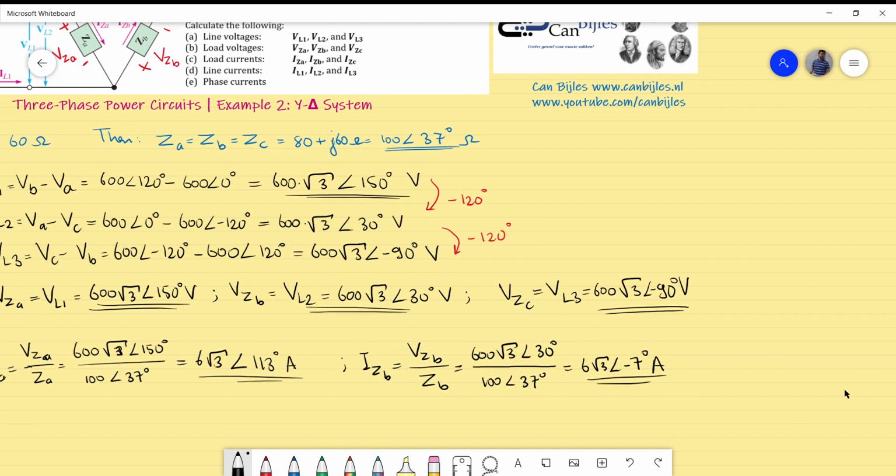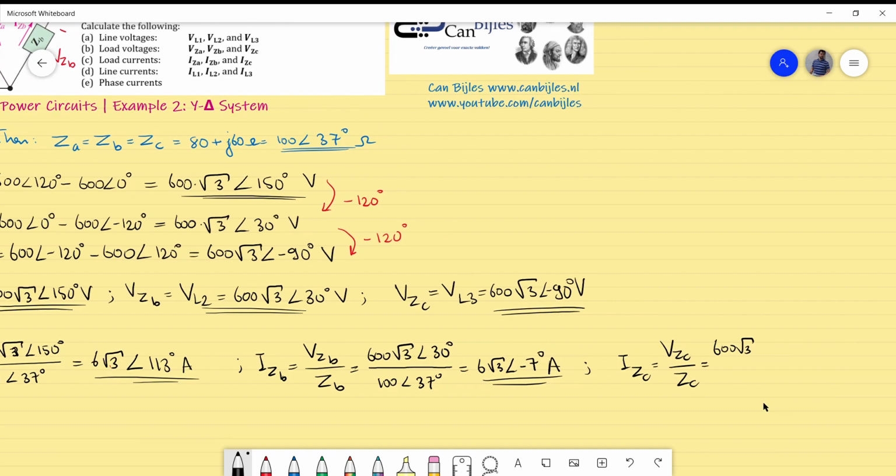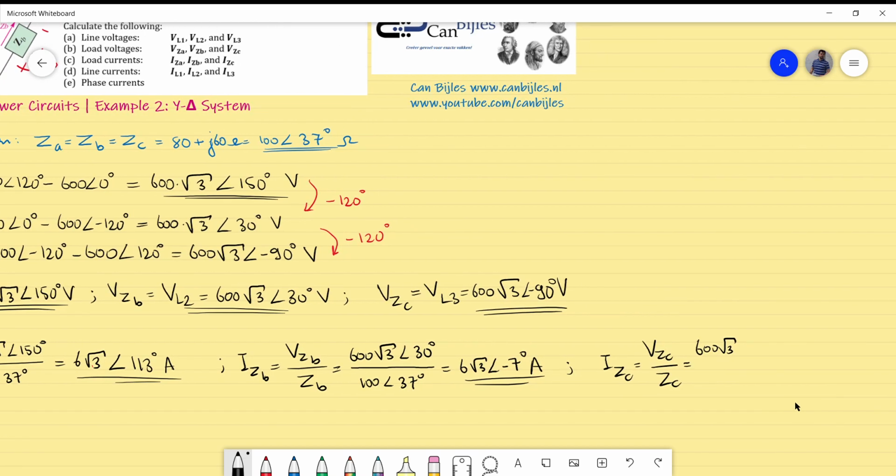Now we are almost done, the last one, the final one, and I will move a little bit to the left. So I have the IZ of C, which will be VZ of C divided by the impedance ZC, which is 600 square root of 3, and then phase of minus 90 degrees, which is shown here, and divided by the impedance we have already calculated, which is 100 phase of 37 degrees.